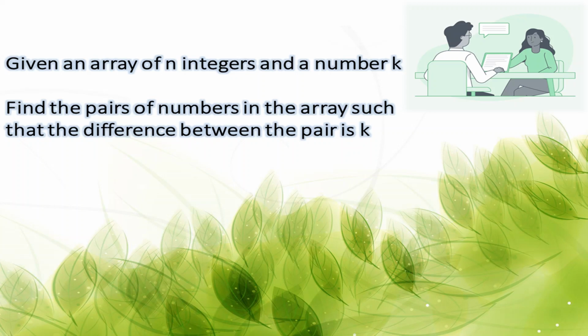So I need the difference of the numbers to be 5. A pair would be like 8 and 3, or 7 and 2. The difference should be the number specified.